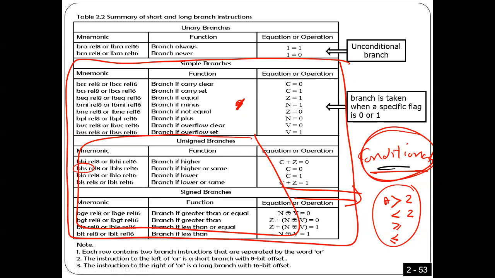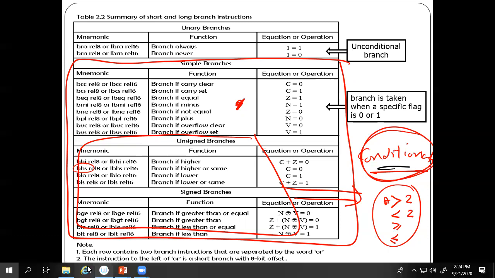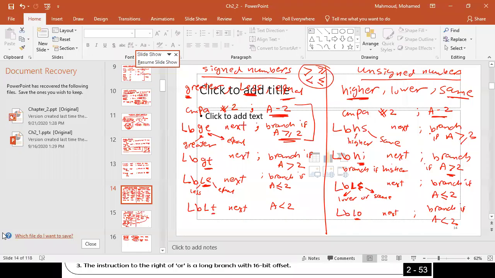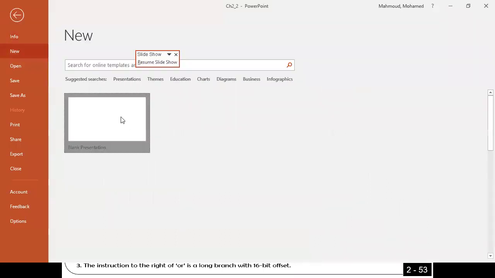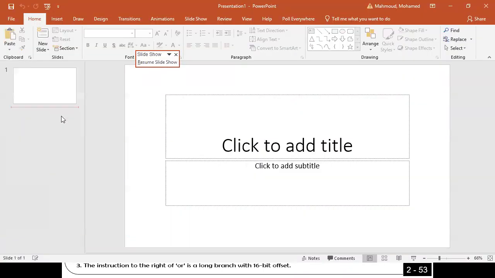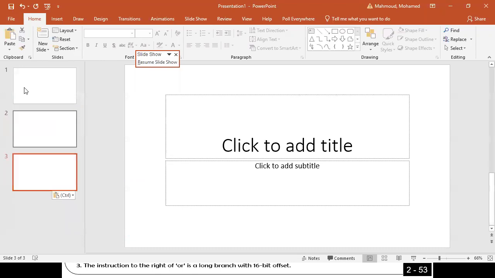What I'm going to do right now is the interesting part in my work. You remember the if statement in C language, right? In C language, we had the if statement.